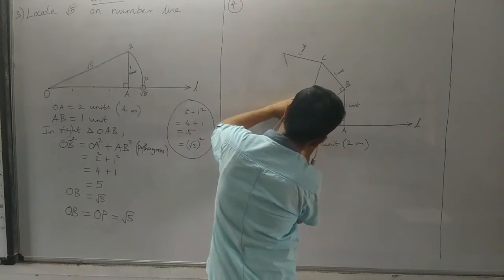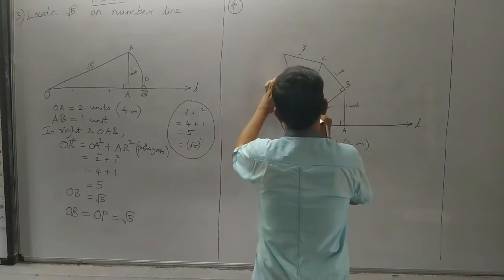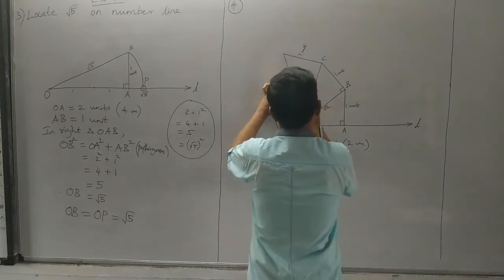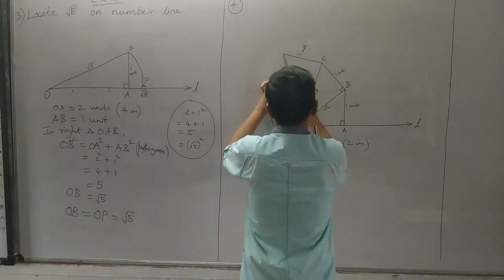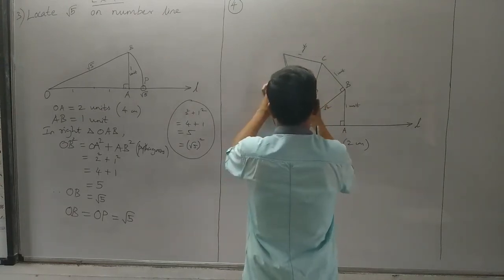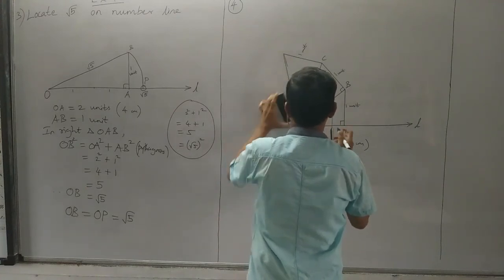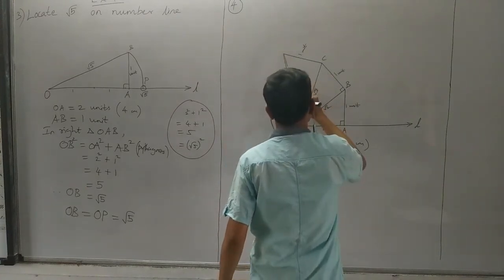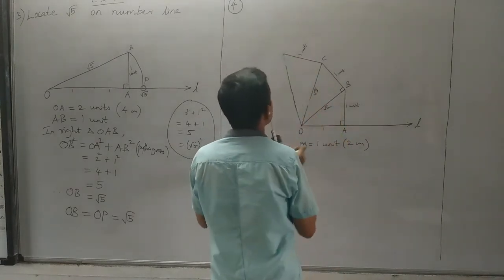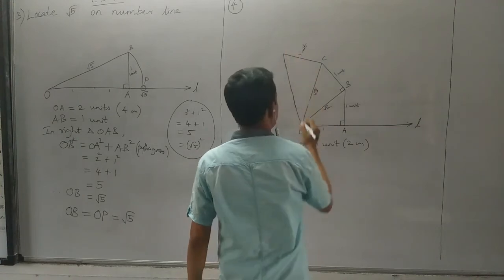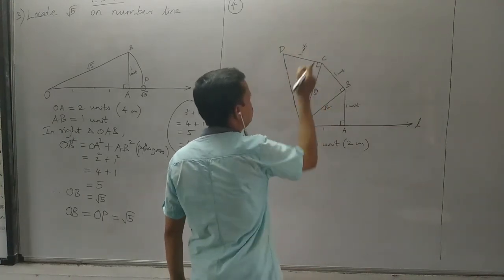So you take the scale properly with the ruler and you do it here. You see how it's coming? So this is OP, and this is the perpendicular. Always here 1 unit only.